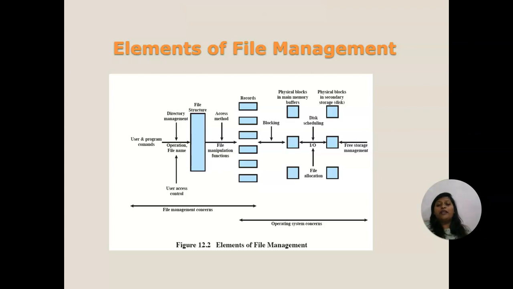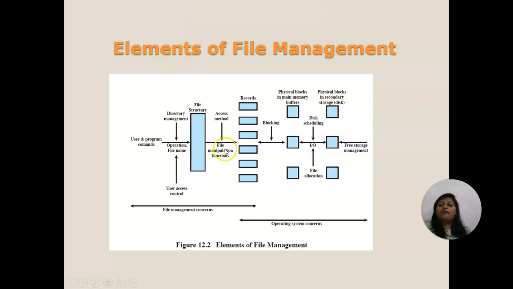Then elements of file management. The diagram represents the elements of file management. At first, there will be user and program commands, then operation, file name. There will be user access control, then directory management will be there. This is concerned with file management concern. Then there will be file structure.